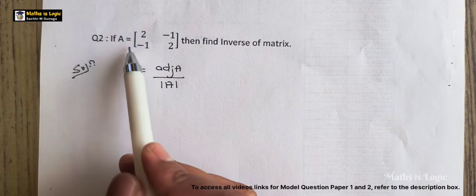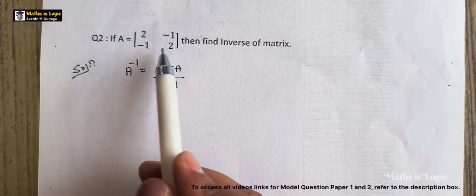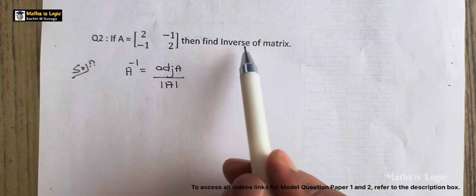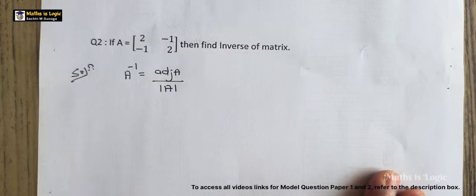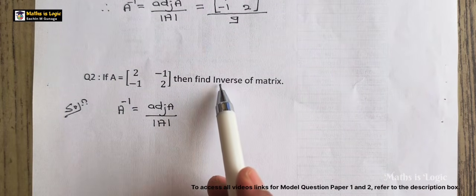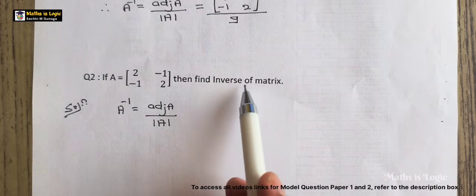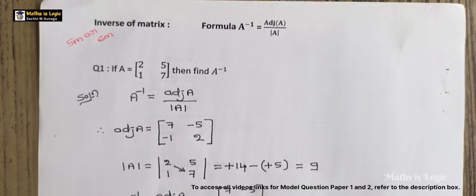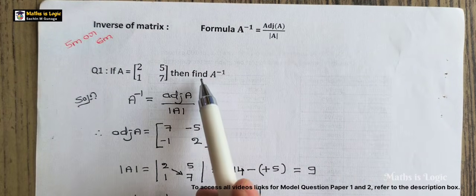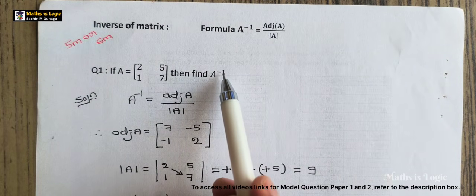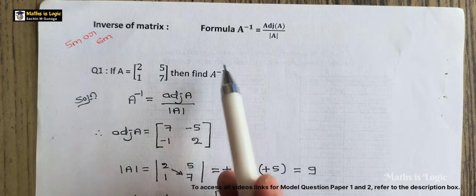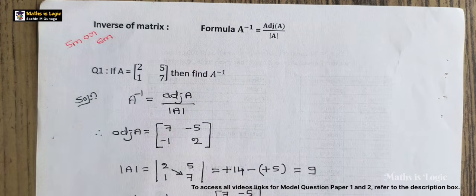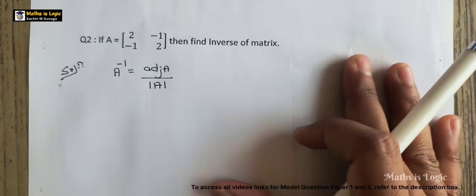Next question. If A is equal to 2 minus 1 minus 1 2, then find the inverse of the matrix. See here, sometimes in words they will give find the inverse of the matrix, otherwise sometimes symbolically they will give find A power minus 1. Remember, A power minus 1 is nothing but the inverse of the matrix.